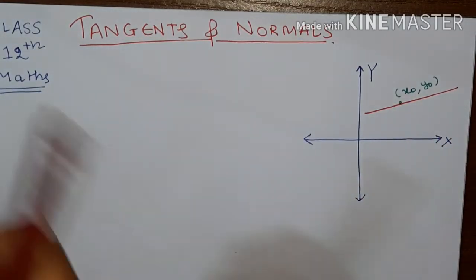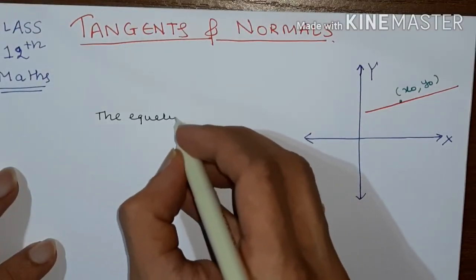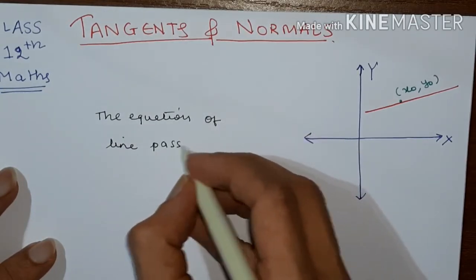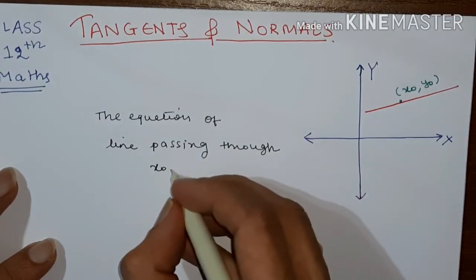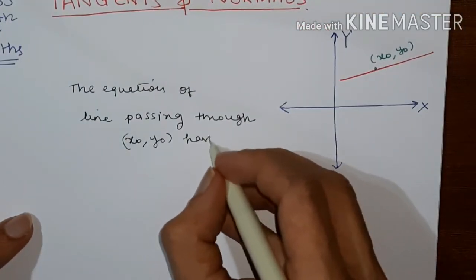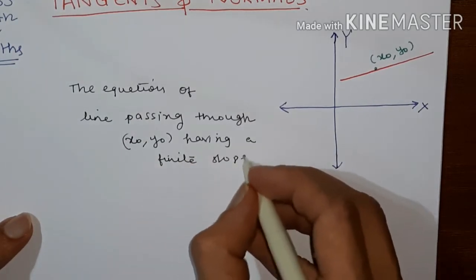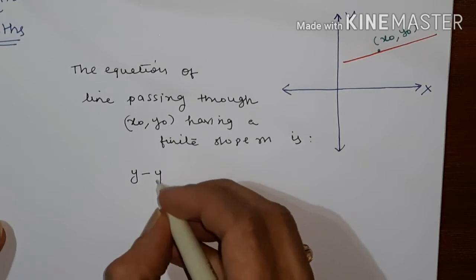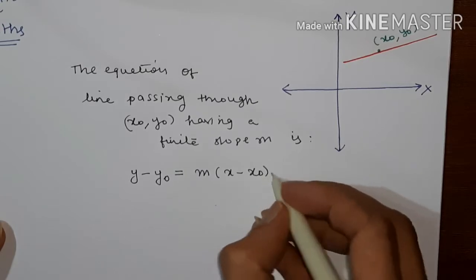you know that the equation of the line passing through x naught comma y naught, having a finite slope, say m, is y minus y naught equal to m times x minus x naught.